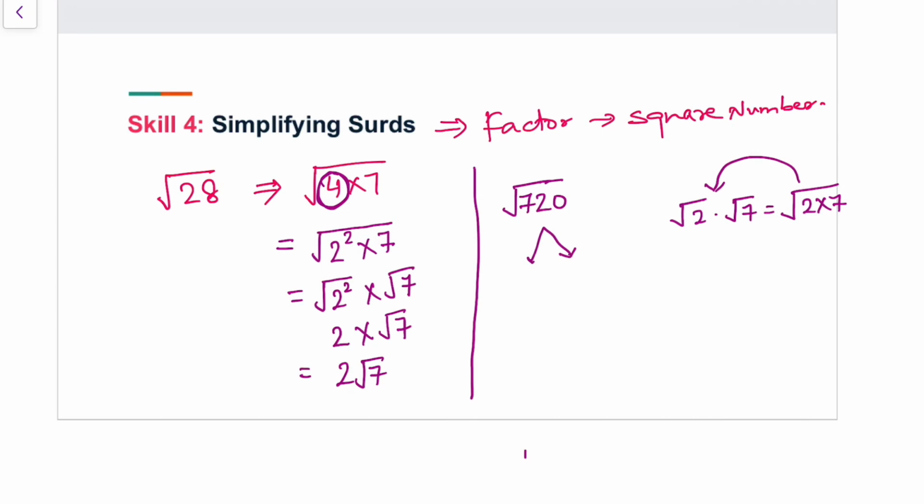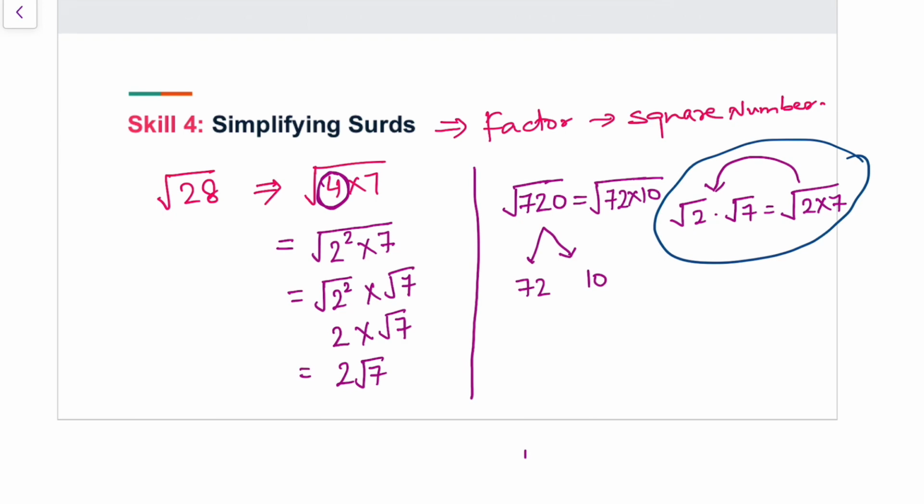So I can think of 72 and 10 as factors, right? So square root of 720 can be written as square root of 72 times 10, right? And using the same rule, I can split it into square root of 72 and square root of 10, right?